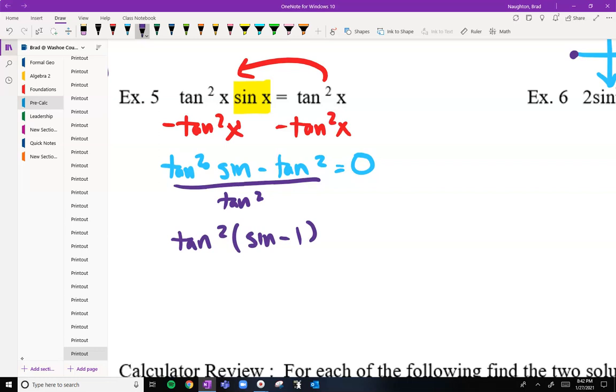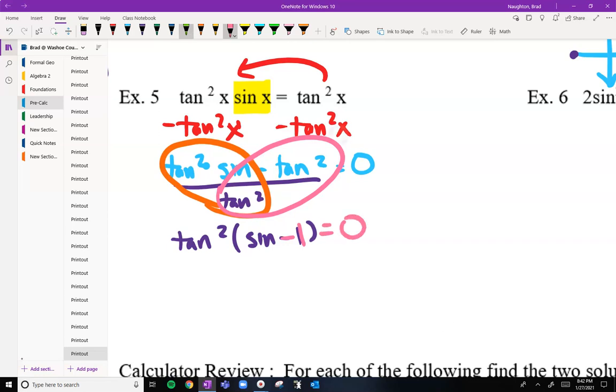That's a common mistake too, when we reduce that GCF: we get this part, we get the sine because it's there, but then we'll forget on this aspect that tan squared over tan squared is 1. Alrighty, so then we're going to set those equal to 0.